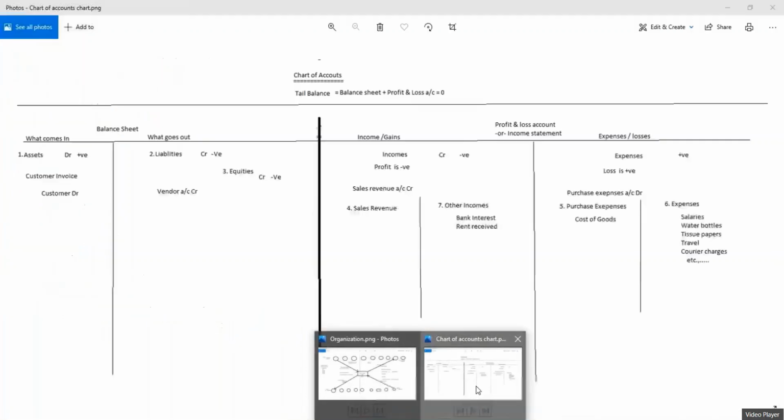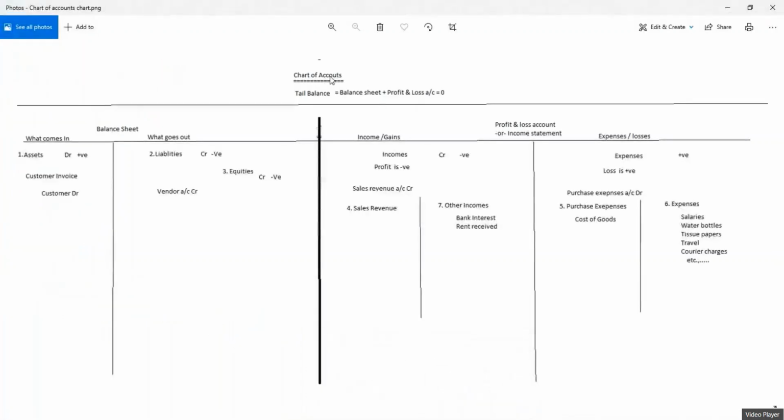So the trial balance or chart of accounts is divided into balance sheet and profit and loss account statement or income statement. Assets positive, liabilities negative, income negative, expenses positive. Income or profit is negative.